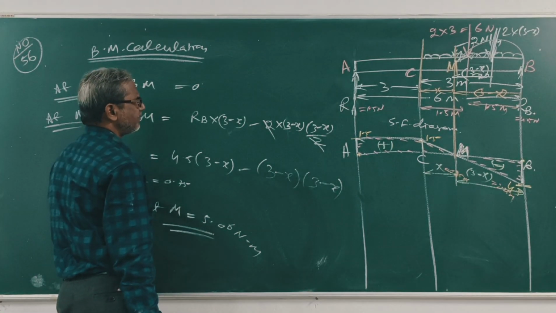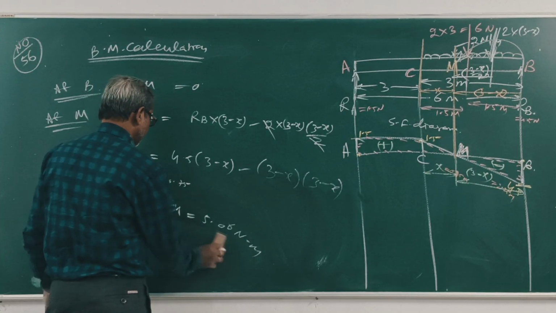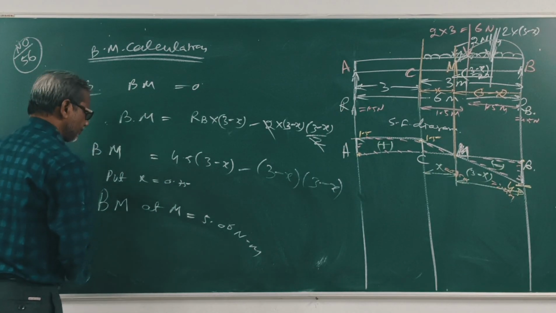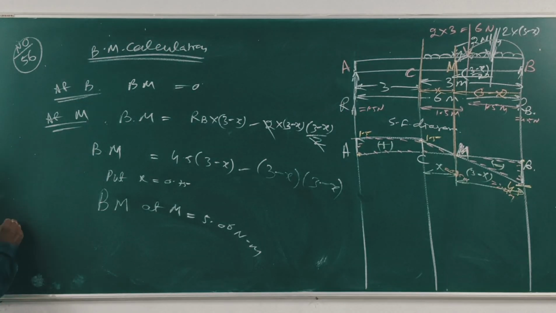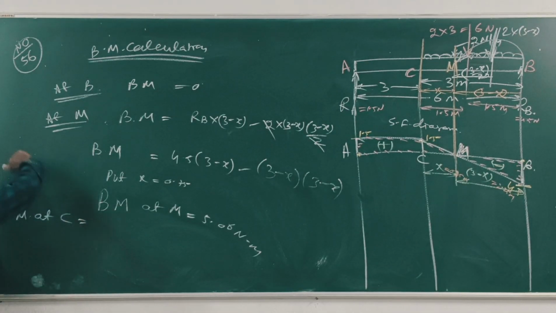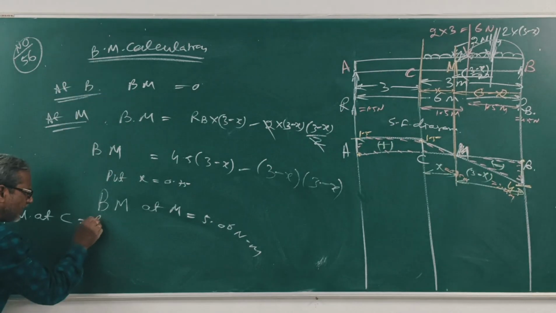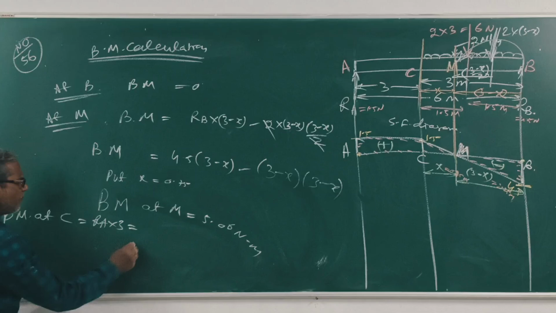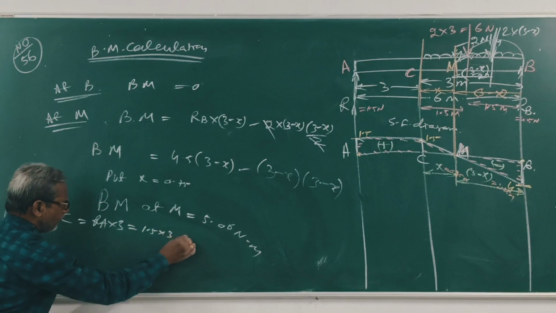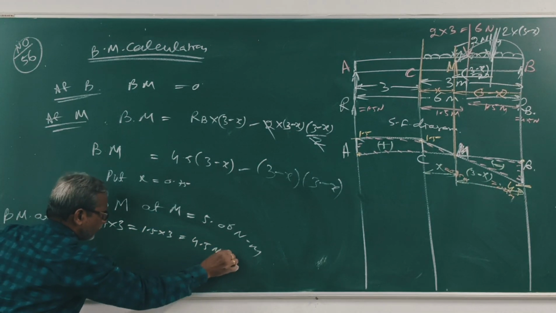Then at C, BM at C is RA into 3. What is RA? 1.5 into 3, 4.5 Newton meter.